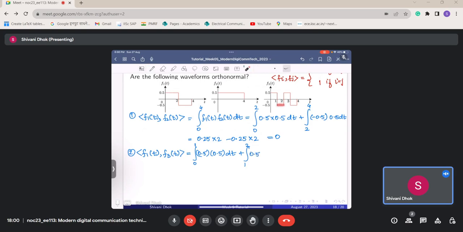However, this f3(t) is minus 0.5 dt, plus 2 to 3. This is minus 0.5 and f3(t) is 0.5. So now it is minus 0.5 into 0.5 dt, plus the integral from 3 to 4, f1(t) is minus 0.5 and f3(t) is also minus 0.5, so it will be simply 0.5 into 0.5 dt.